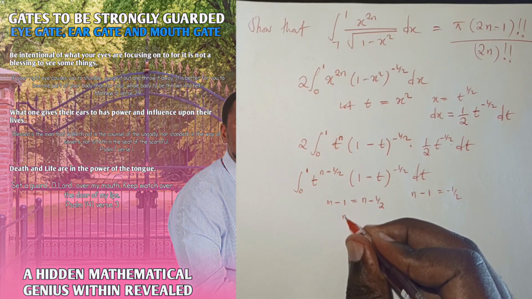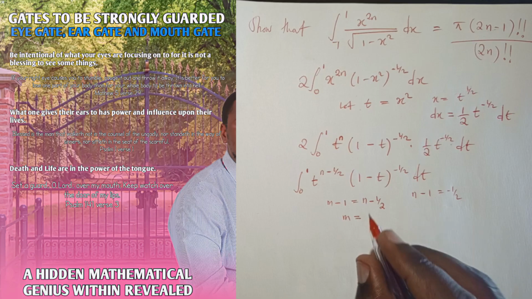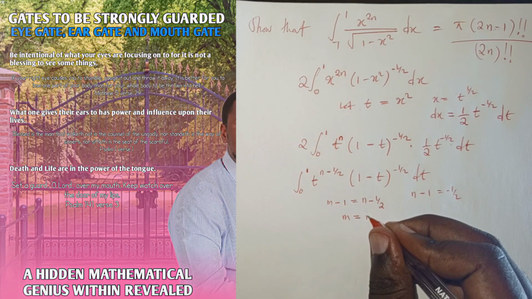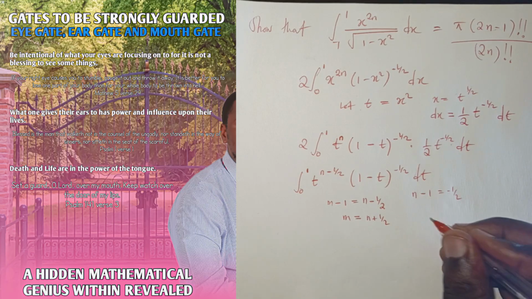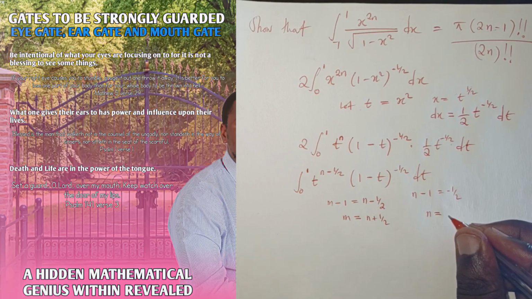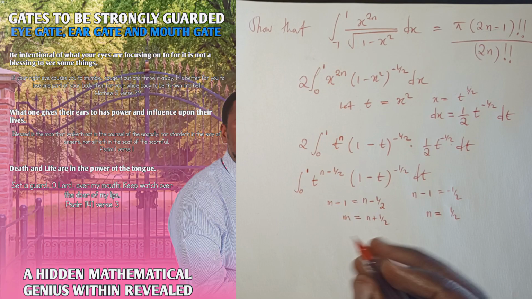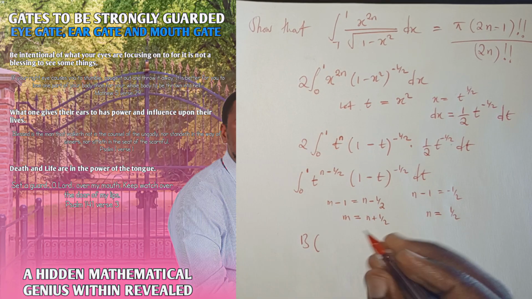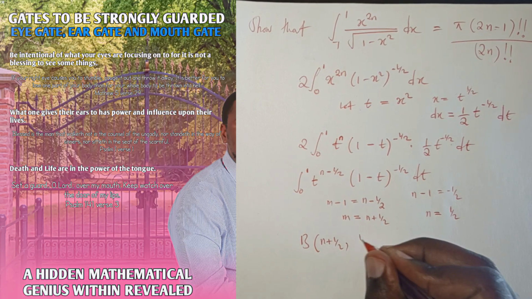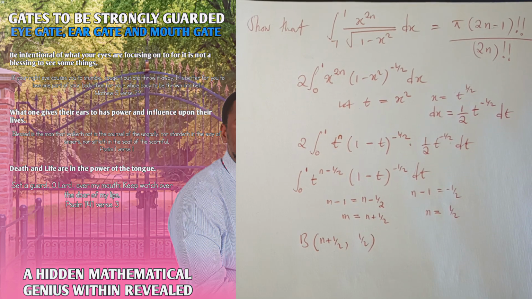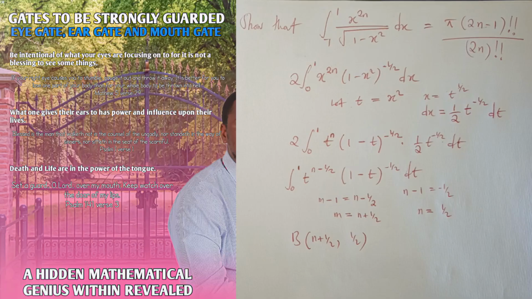So you get m is equal to n plus 1 over 2. And here if you add 1 to both sides, you get n is equal to 1 over 2. Okay, so in short we are saying this is just beta of n plus 1 over 2, comma 1 over 2. Okay, now we need to show that this is equal to that.